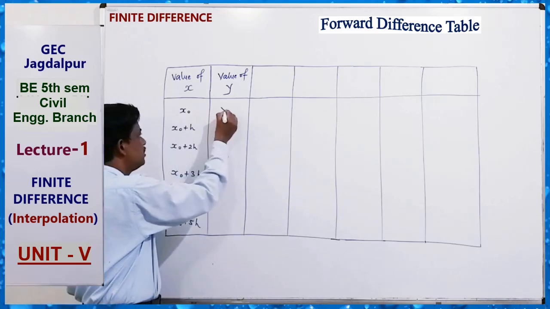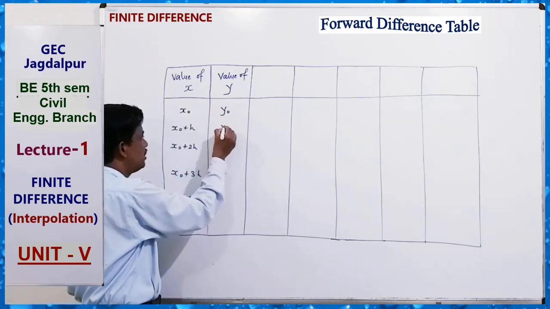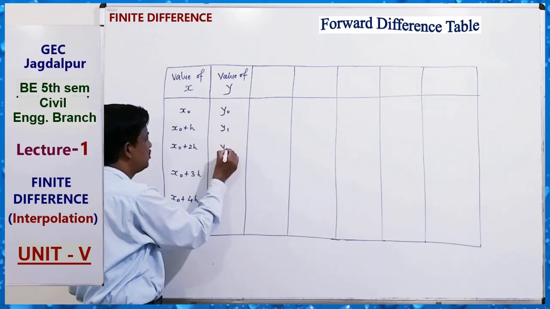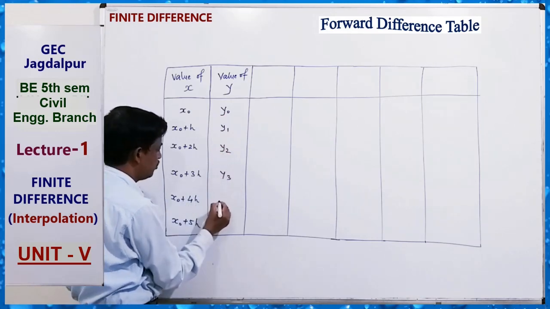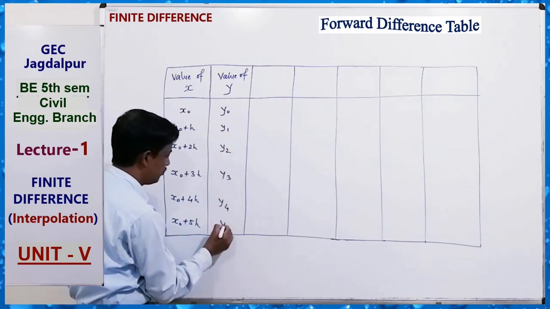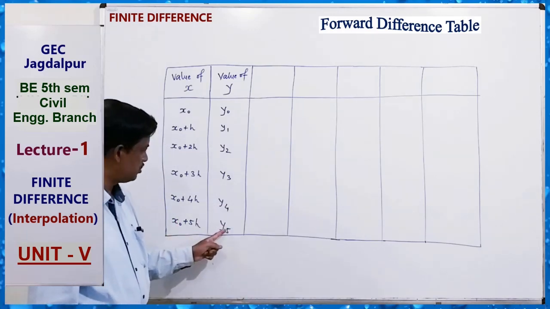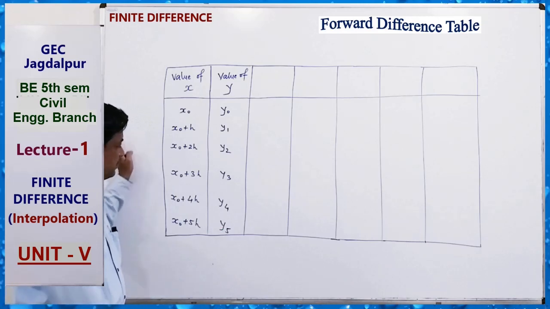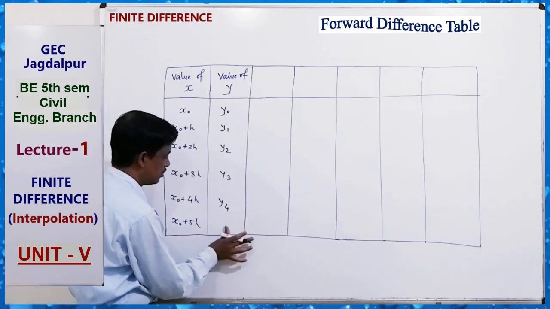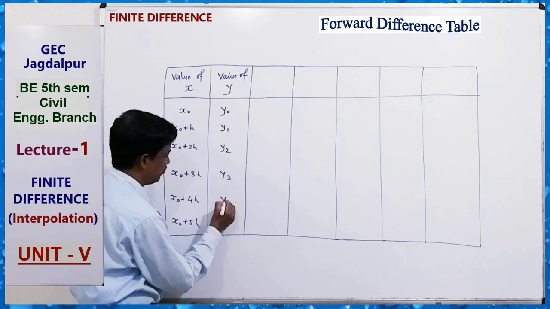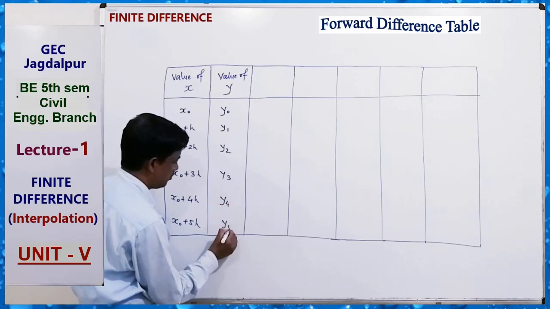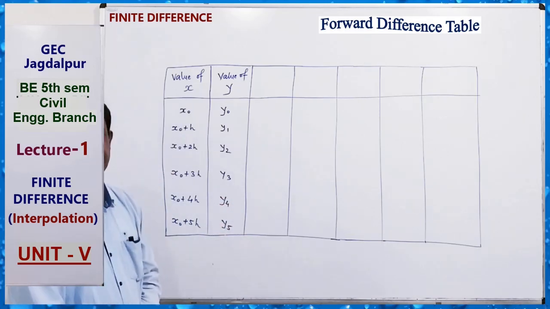Its corresponding values we write as y1, y2, y3, y4, y5. It means totally this, but we just denote it like this. Clear? y4 and y5, these are the values.